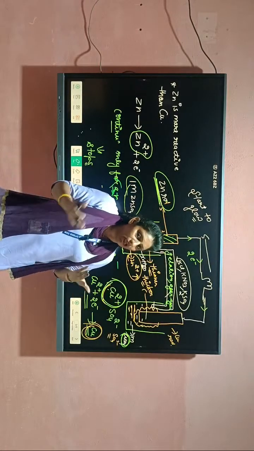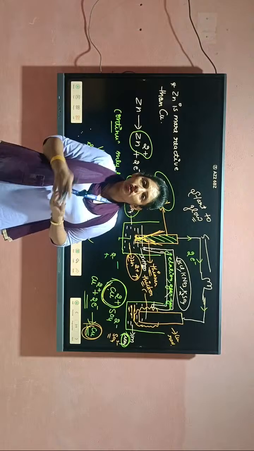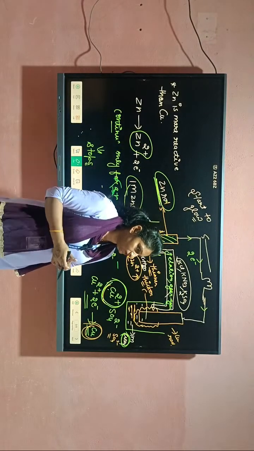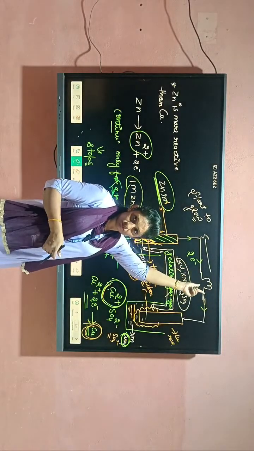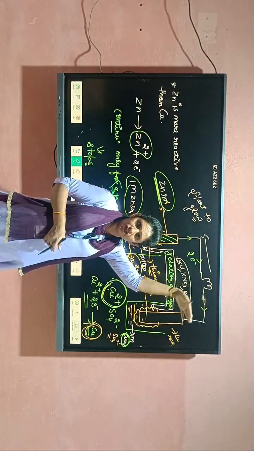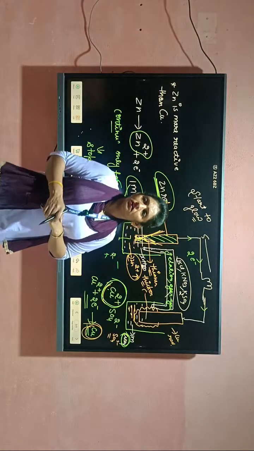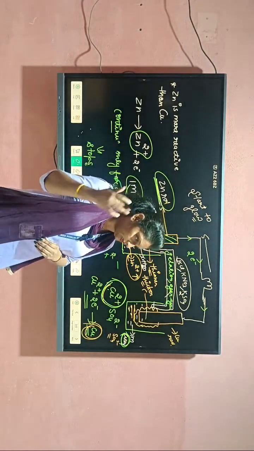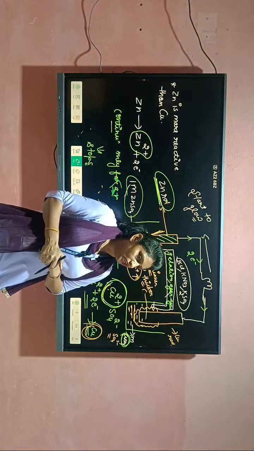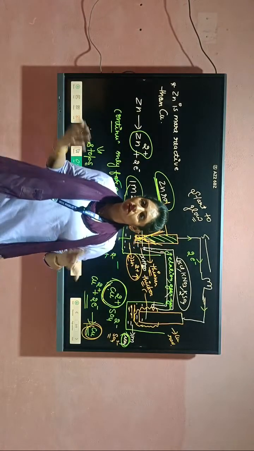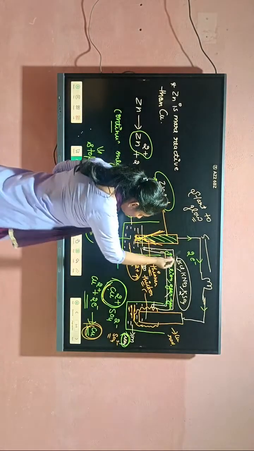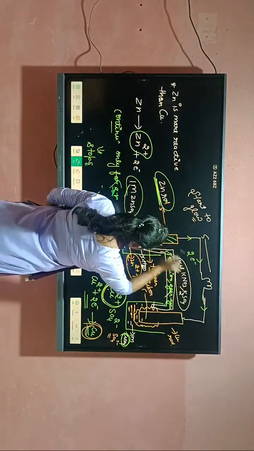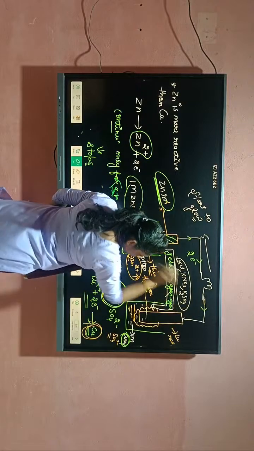If you are having an ammeter, then it can also show the passage of current. Clear or not? So simply I am having a bulb only. If it is glowing, it means electricity production takes place here. If it is not glowing, it means it is not taking place here. Clear or not?